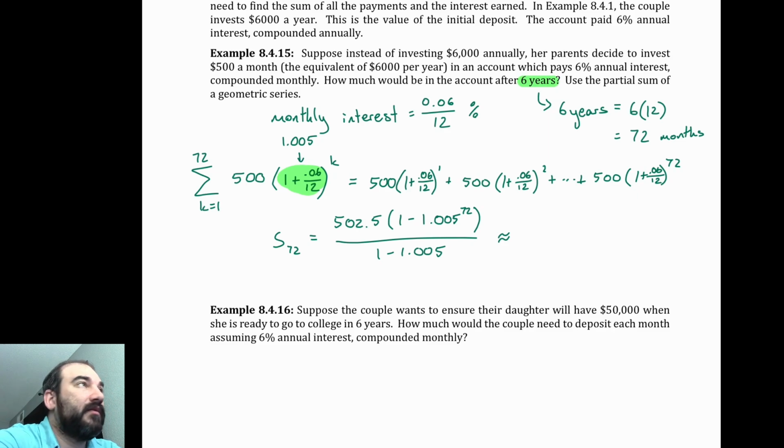Give me a second. 502.5 times 1 minus 1.005 raised to the 72 power, divided by 1 minus 1.005.